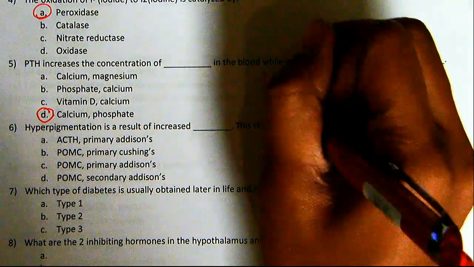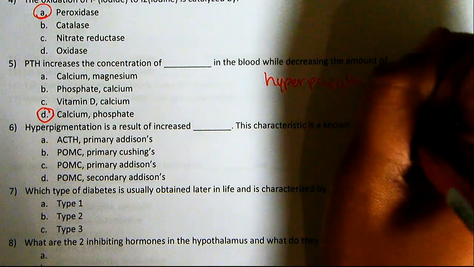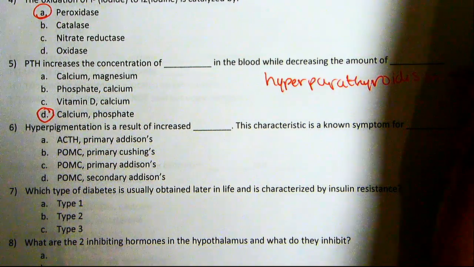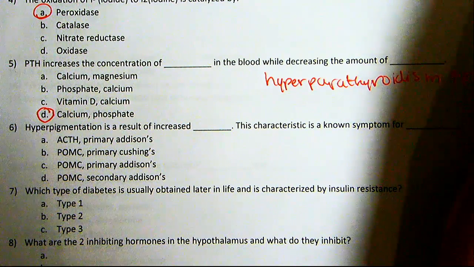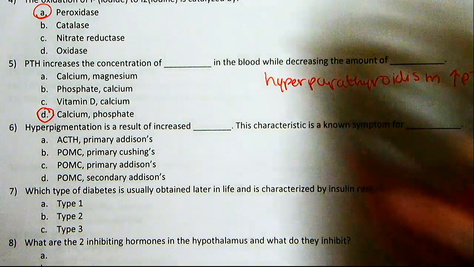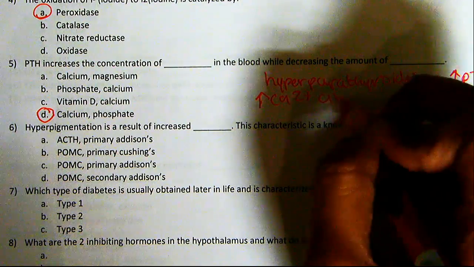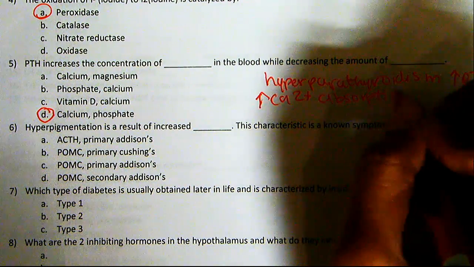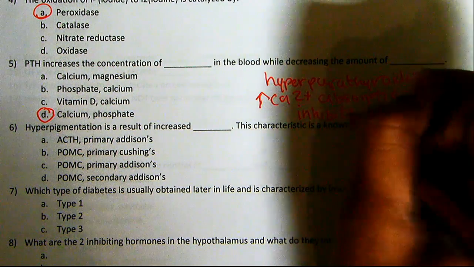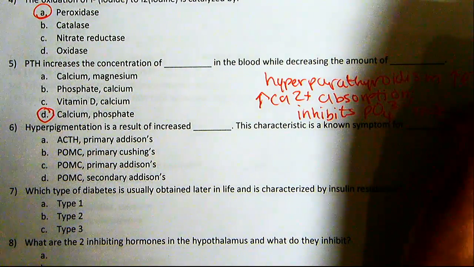You can think of this in the context of hyperparathyroidism, where we have high secretions of PTH, parathyroid hormone, and this leads to an increase in calcium absorption, and it inhibits phosphate reabsorption.